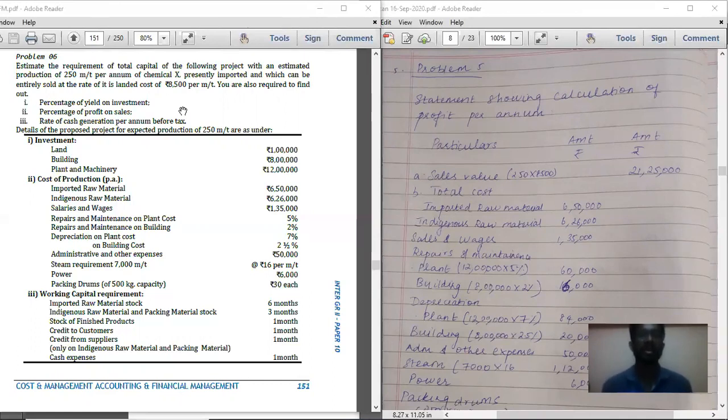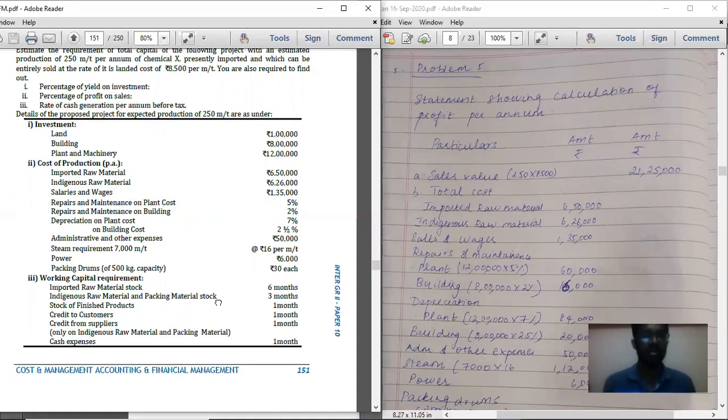Yield on investment means yield divided by investment into 100, and percentage of profit on sales is total profit, that is gross profit divided by sales into 100, and rate of cash generation per annum before tax. All these three we should find out, apart from the working capital requirement. So details of the proposed project for expected production of 250 metric ton are as under.